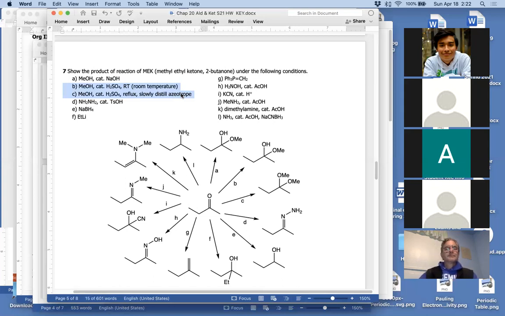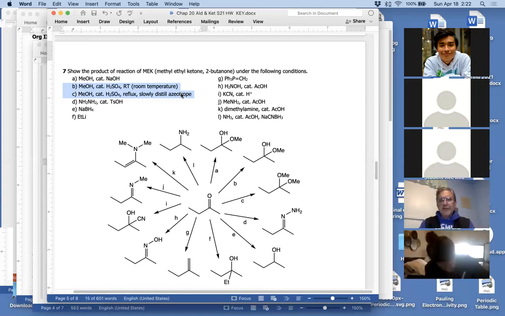Okay, I was kind of confused. From what I understand, an azeotrope is a mixture that has two very close boiling points. No, it's not that simple. It's a complicated phenomenon that I've never fully understood. Things do azeotrope that have fairly different boiling points.